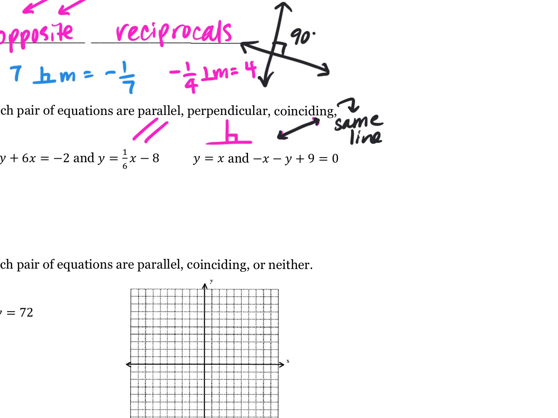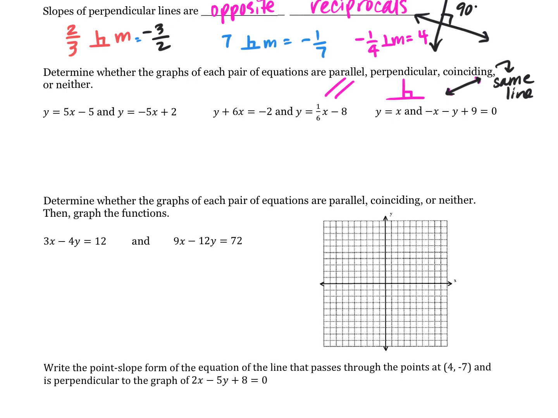So if I were to come up with this line, 2x plus 3y equals 7, and also 4x plus 6y equals what would make them coinciding? 14. How'd you get that? It's just double, right? If you take everything and we just doubled it, it's the exact same line. So this would be an example of coinciding, because if I got my y equals mx plus b on both of them, they would match.